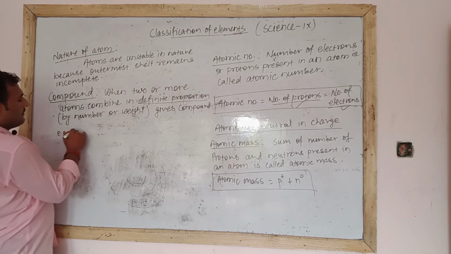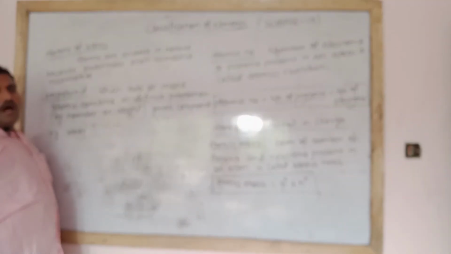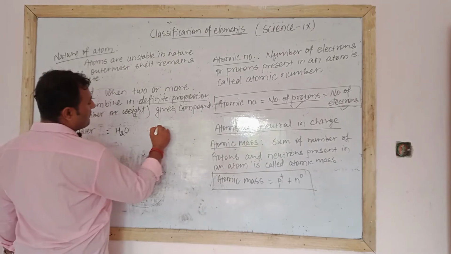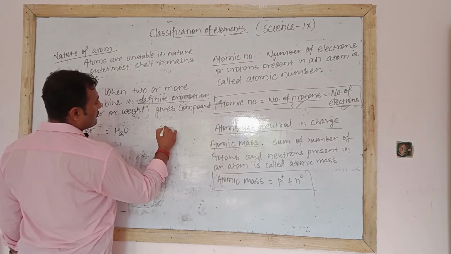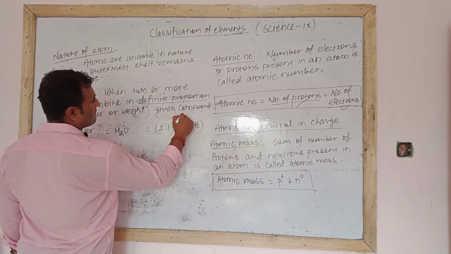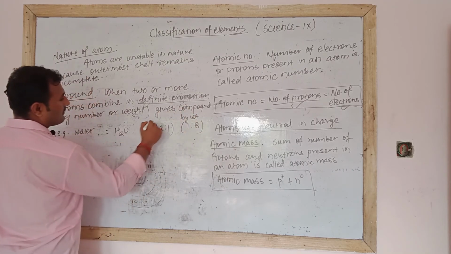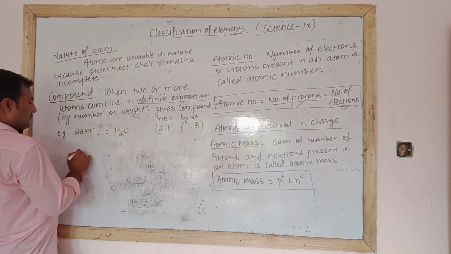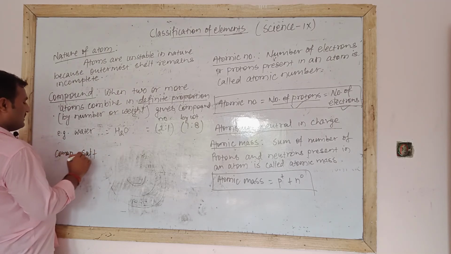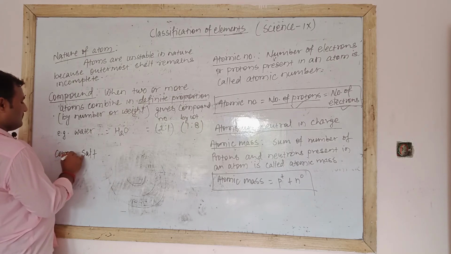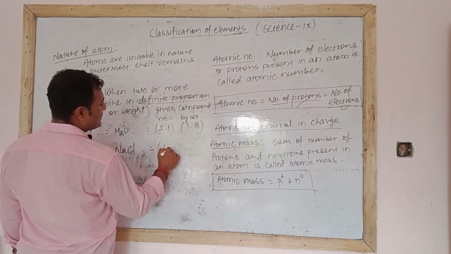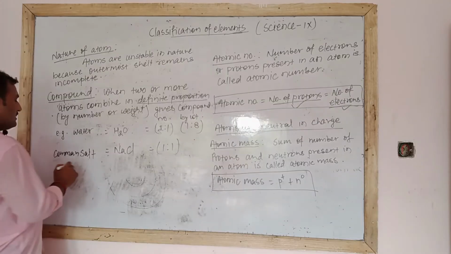For example, water is a compound. Why? Because in water, hydrogen and oxygen are combined in a 2:1 ratio by number or 1:8 by weight. Common salt is a compound, because sodium and chlorine are present in a 1:1 ratio.